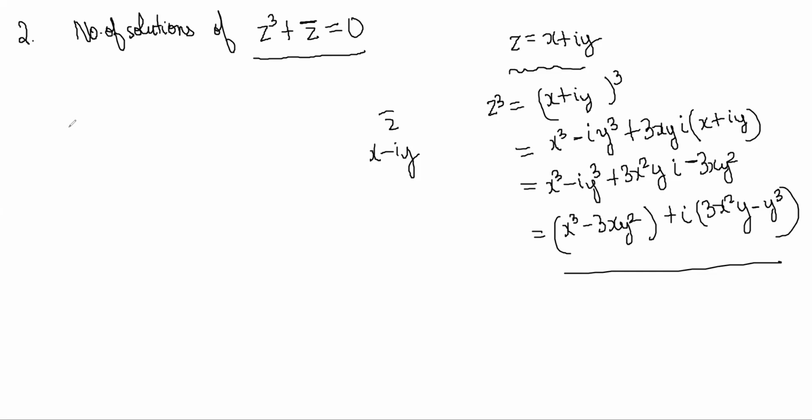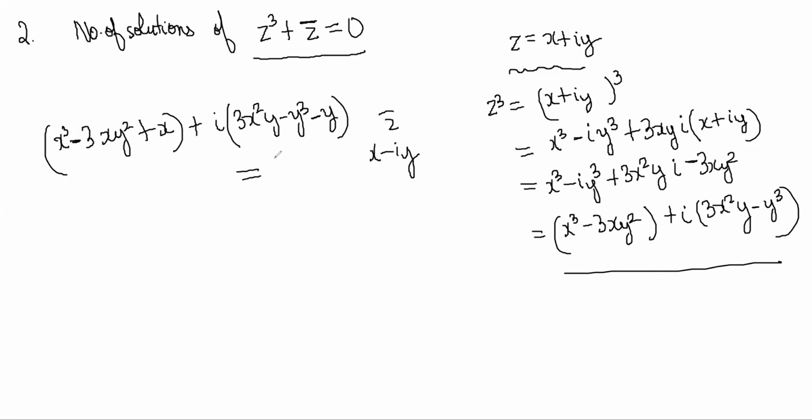So the equation z cube plus z conjugate becomes x cube minus 3xy square plus x, plus i common 3x square y minus y cube minus y, equal to 0.